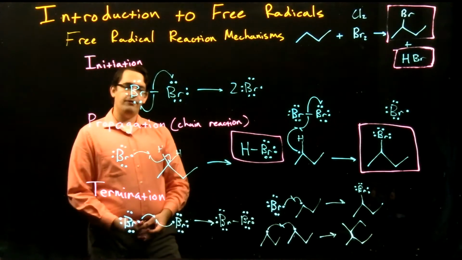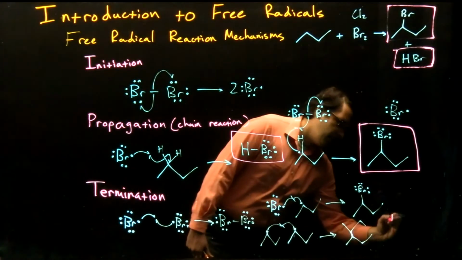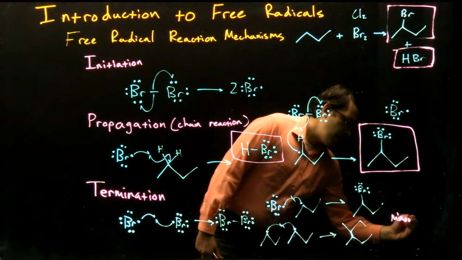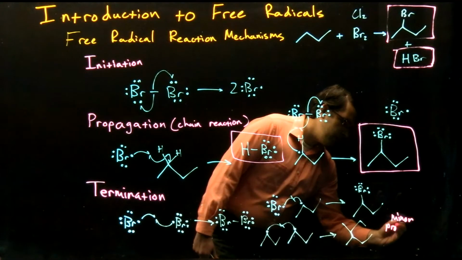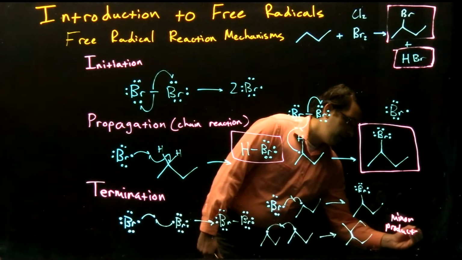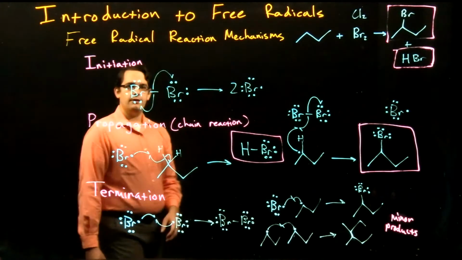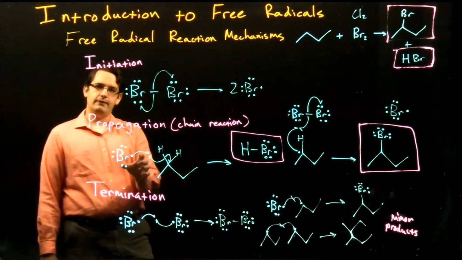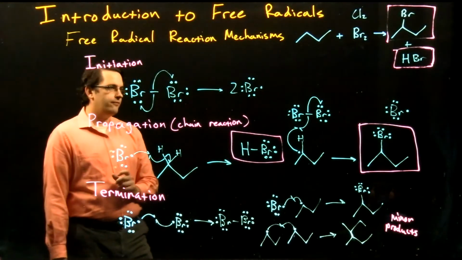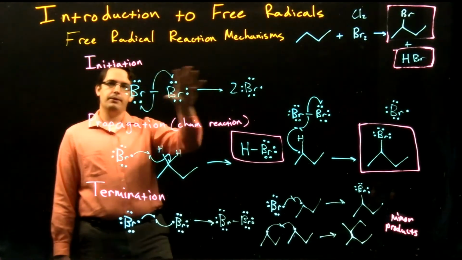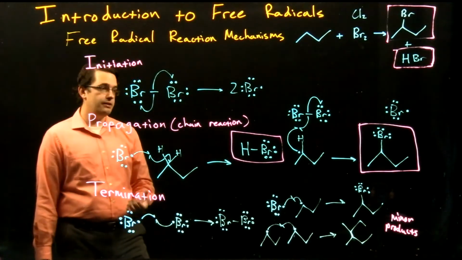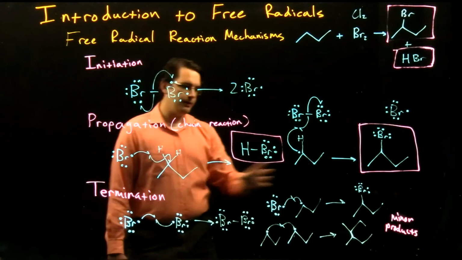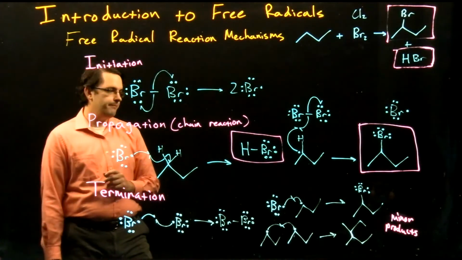Now note, all of these are going to be minor products. And that's because it's relatively rare that our free radicals will run into each other, right? So we're going to have a relatively small amount of our free radicals, since they're only produced through this initial initiation event, and then of course reproduced through our propagation.